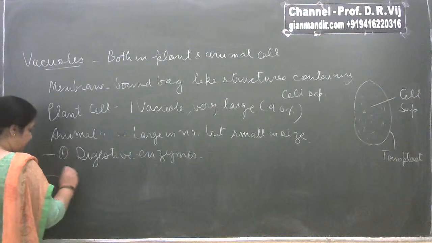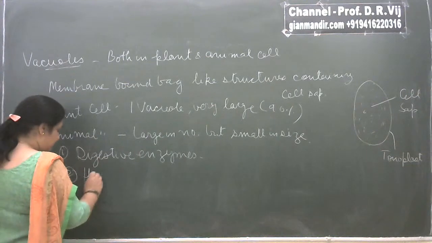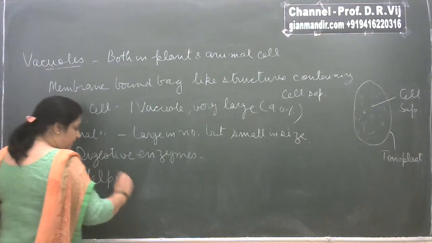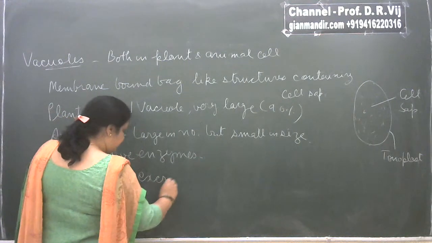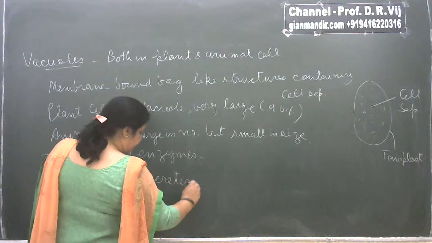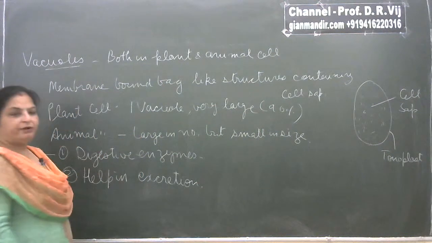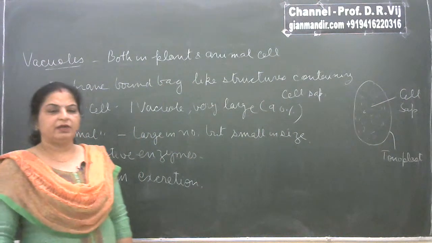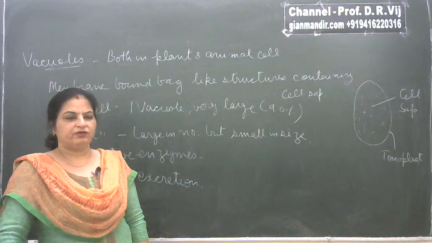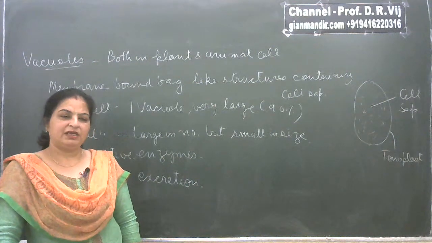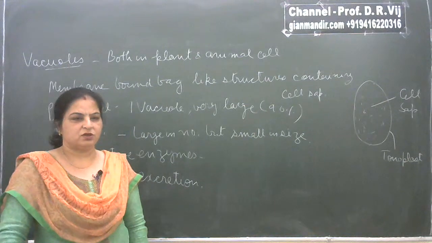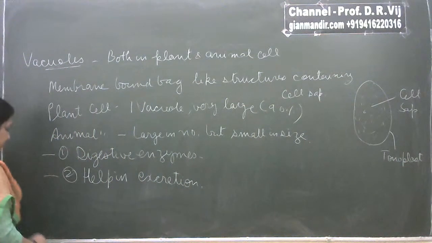Another important function of vacuoles is that they also help in removal of the unwanted material, or in other words, you can say they help in excretion, right? And they also help in controlling the amount of water in the cell, and that is known as osmoregulation. So, the vacuoles also help in the process called osmoregulation.